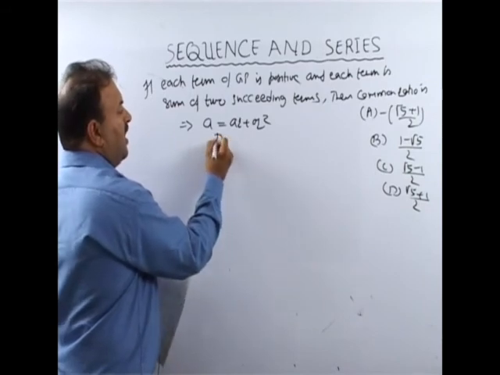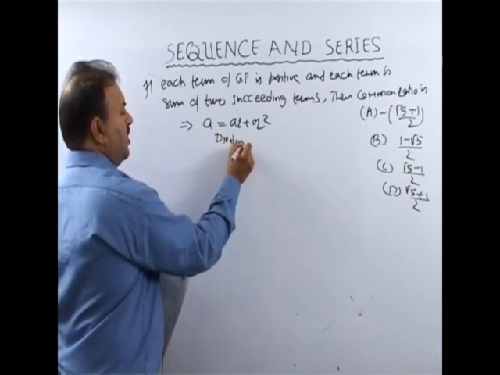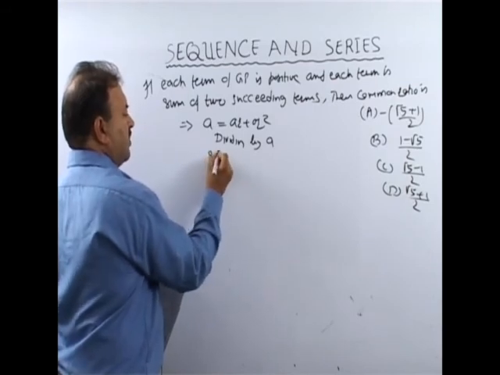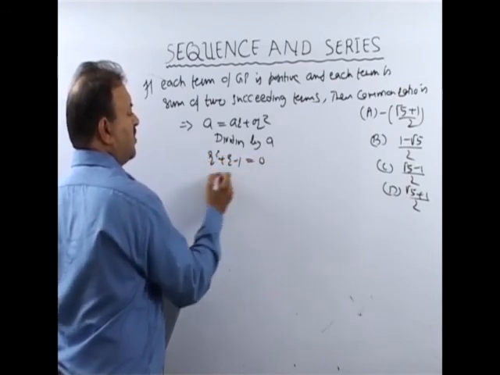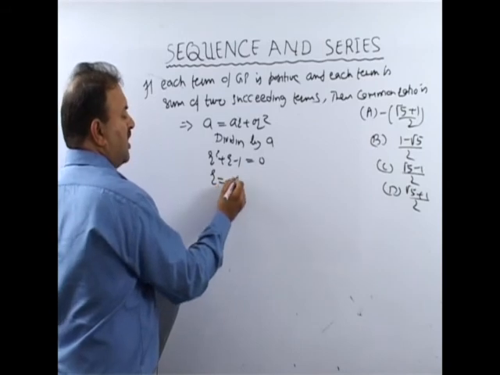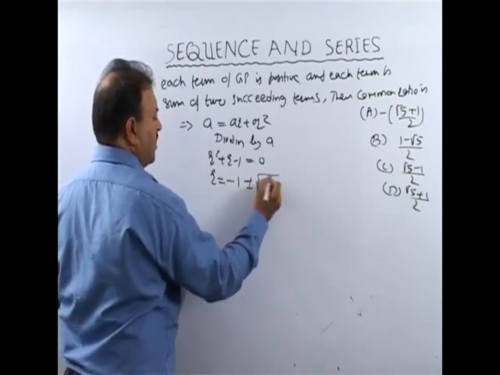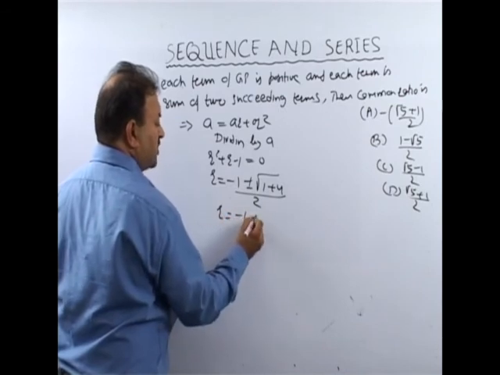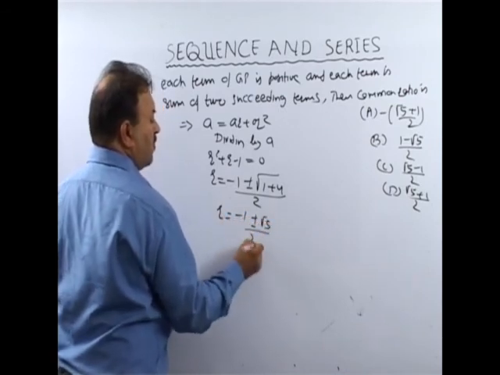Now dividing by A, we got R square plus R minus 1 is equal to 0. And the value of R is (minus 1 plus or minus root of 1 plus 4) upon 2, so R is plus or minus root 5 upon 2, with the minus 1.